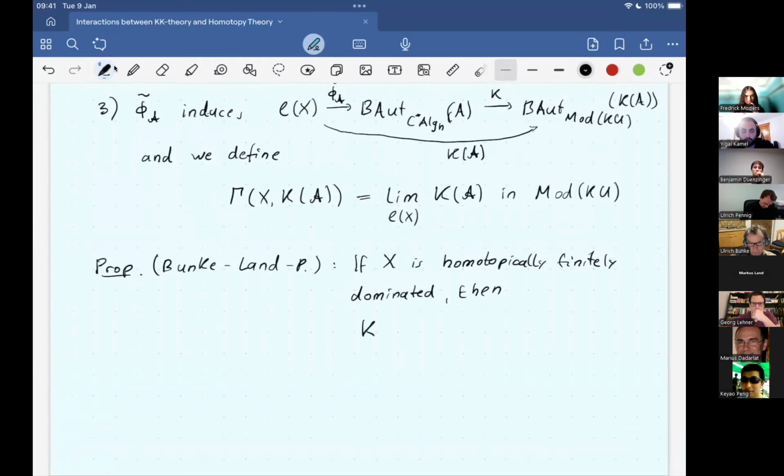So the K-theory spectrum of this section C star algebra is actually equivalent to the sections of this bundle of K-theory spectra.